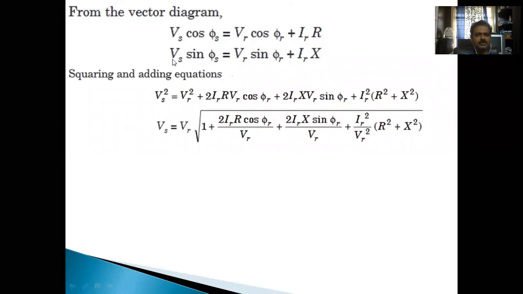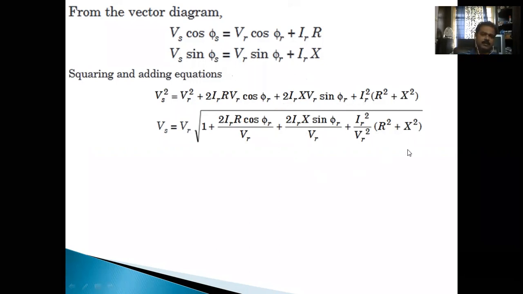Sin square phi s plus cos square phi s is equal to 1, so you get Vs square. Similarly, Vr square cos square phi r plus Vr square sin square phi r gives Vr square, and the rest of the terms we take common.